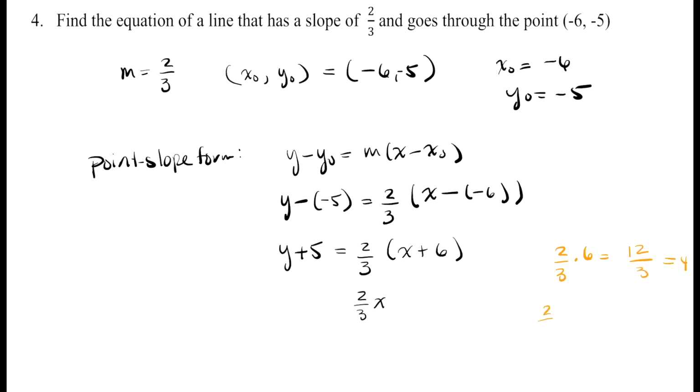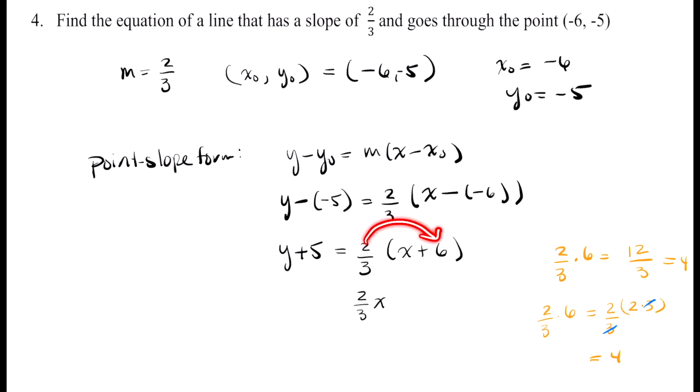Alternatively, we could write 2/3 times 6, and we can notice that 3 divides 6 twice. So we end up with 2/3 times 2 times 3. And all I did here was rewrite 6 as 2 times 3 to make it easier to notice this and cross those off to again get 4. Either way, however you multiply these, you should get 4.